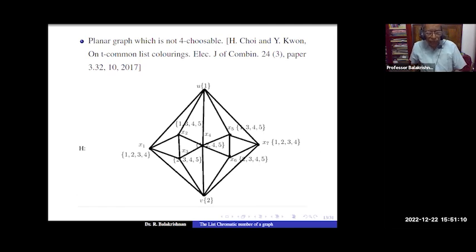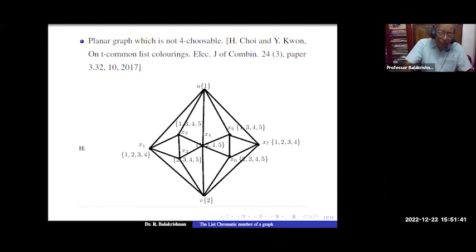Planar graph means what? You can embed it in the plane so that if two edges meet, they meet only at the vertex. And not 4 choosable means I have to give a set of 4 colors, attach a set of 4 colors at each vertex, so that it is impossible to extract a proper coloring out of these sets. That is what you mean by saying that the graph is not 4 choosable.